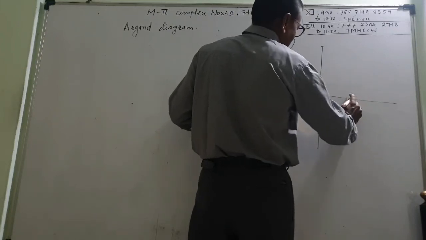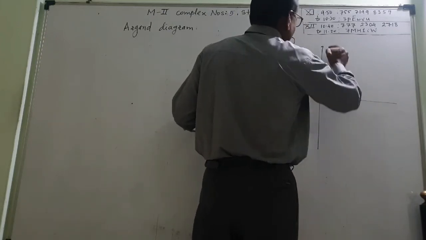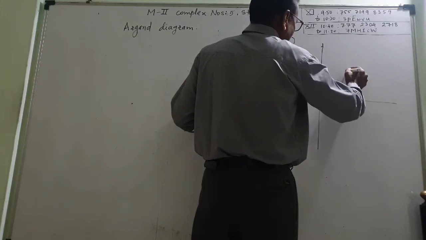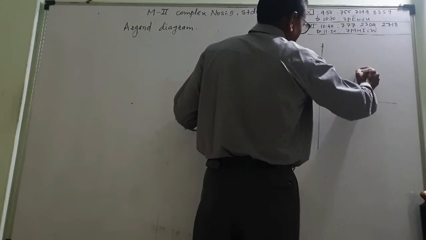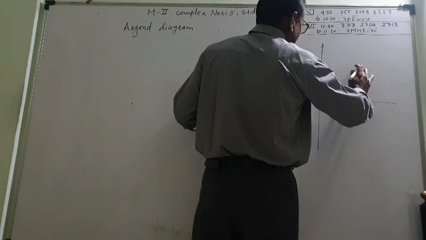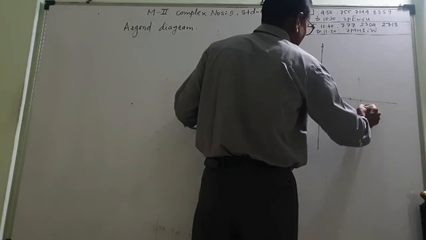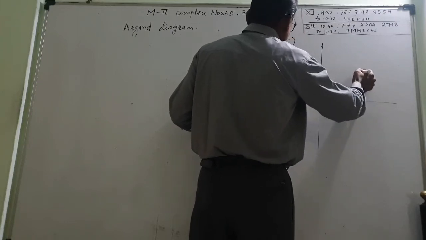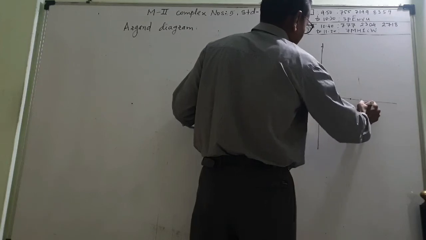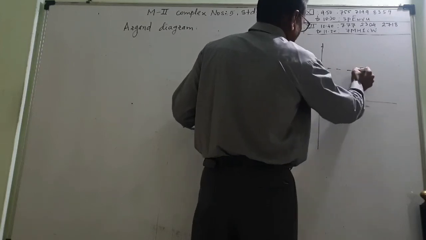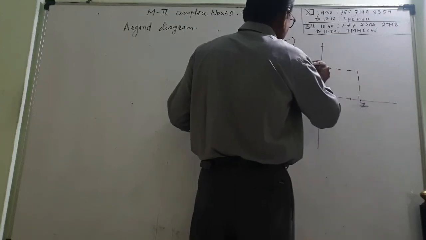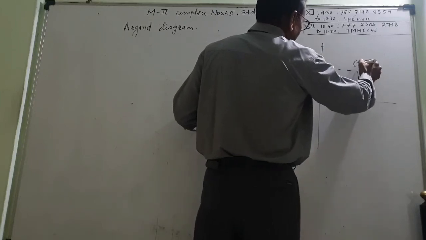X is 7. I will make some bigger figure. And y is 5. This is 5, 7, and this is 5. So this is 7, 5.